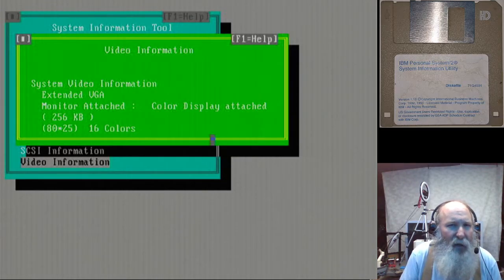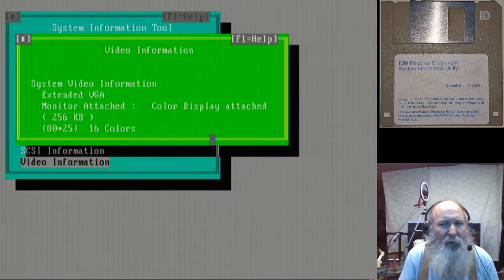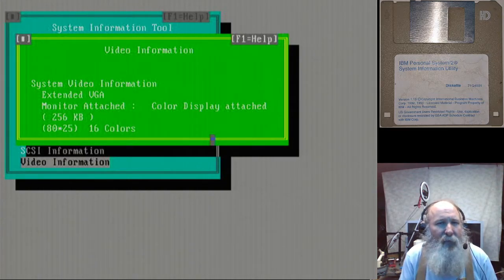And I saw this, and it's going to be in a later video as well, talking about the VRAM upgrade of the 25SX, that it just shows the 256 KB of video RAM. That appears to be a hard-coded value in the system information tool, because the 25SX does have 512 KB of video RAM.